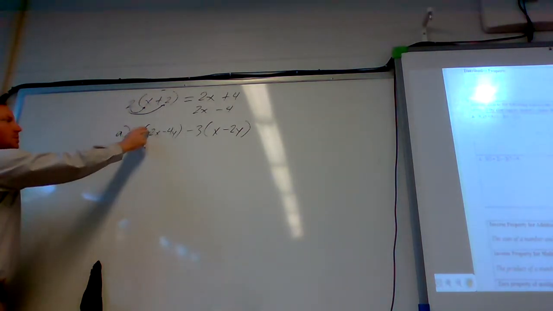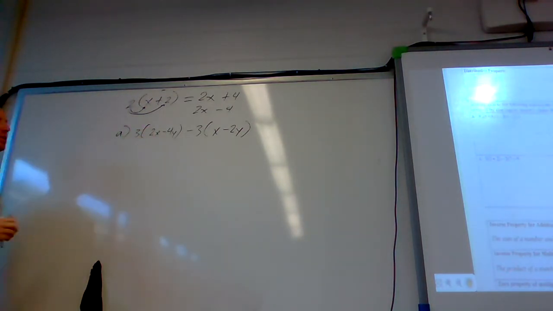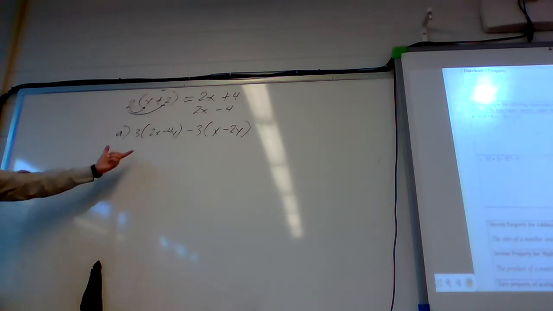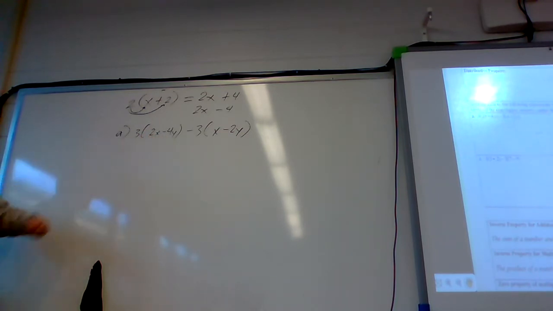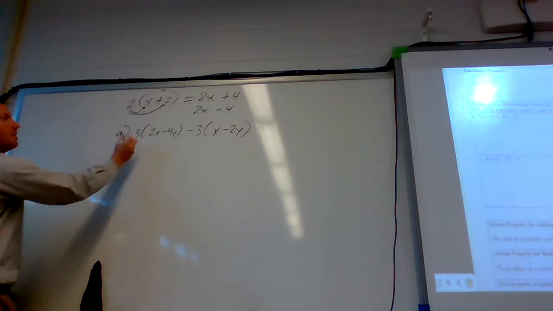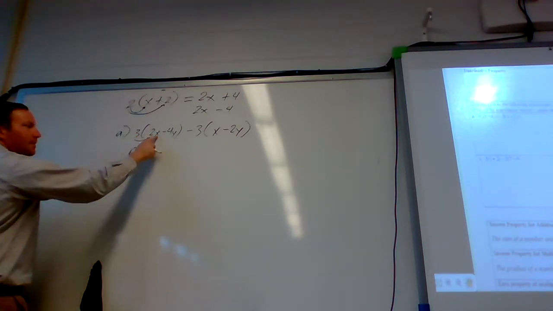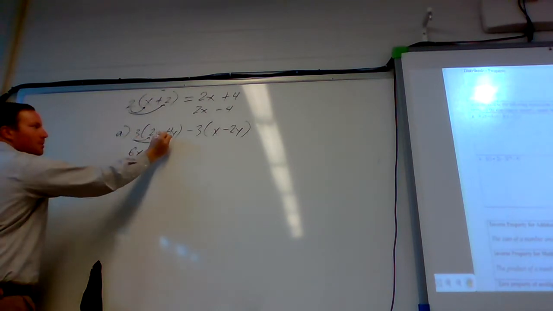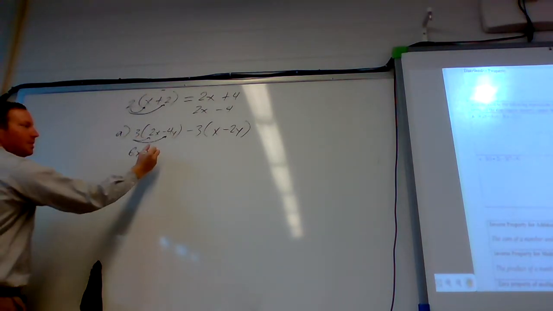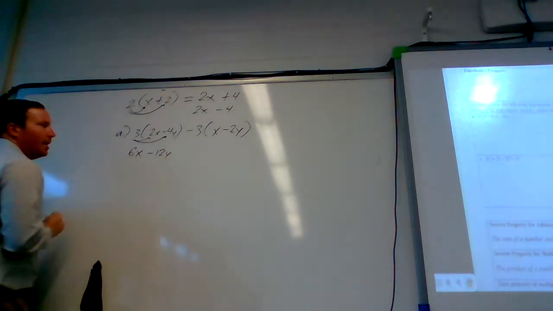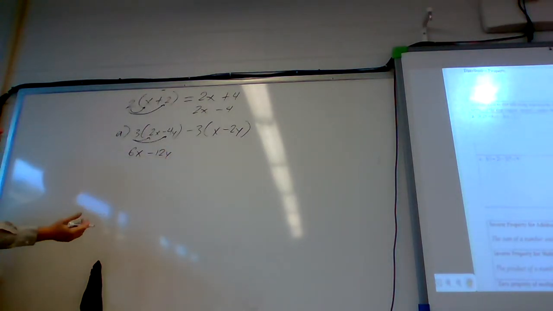If we use our distributive property, what would be our first thing? What are we going to do on this one? Multiply. So that gets us 6x, the variable sticks with it, and then 3 times the negative 4y gets us negative 12y.